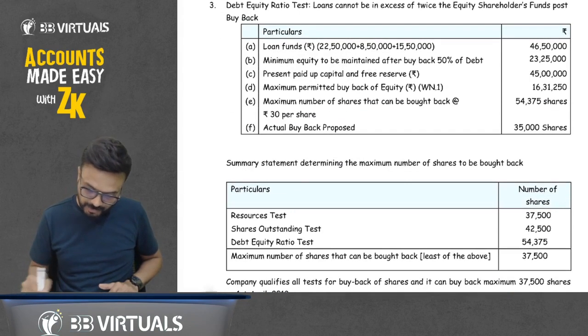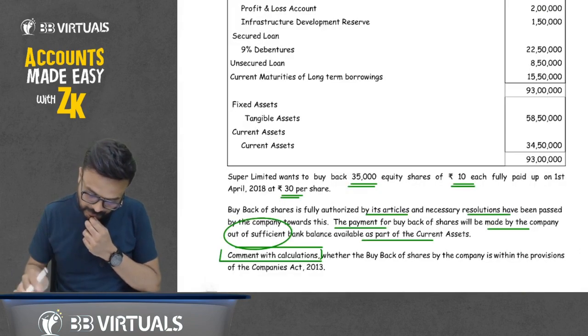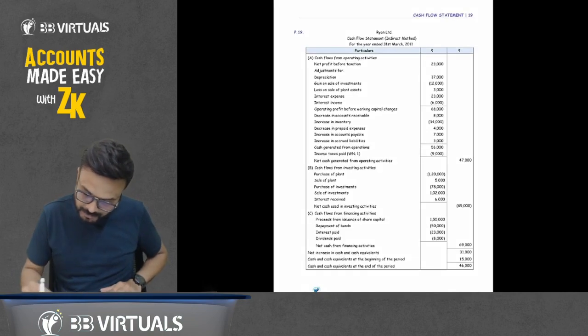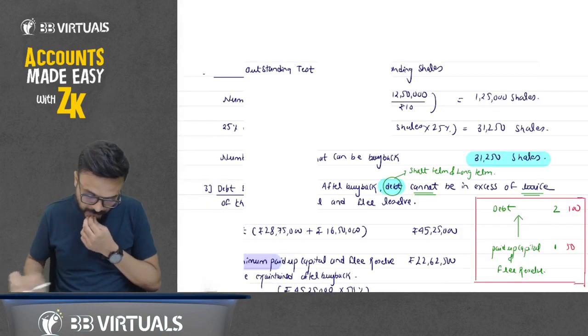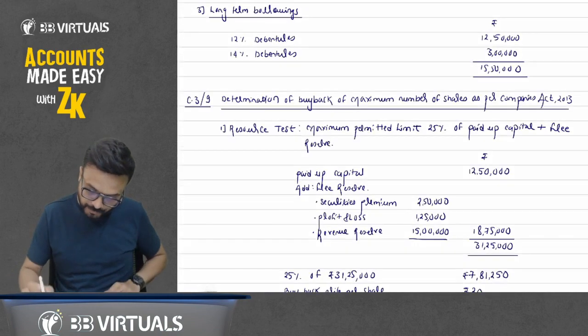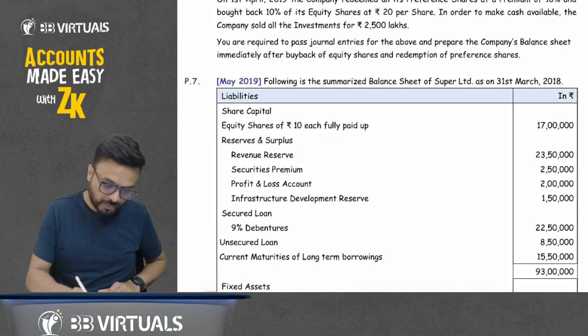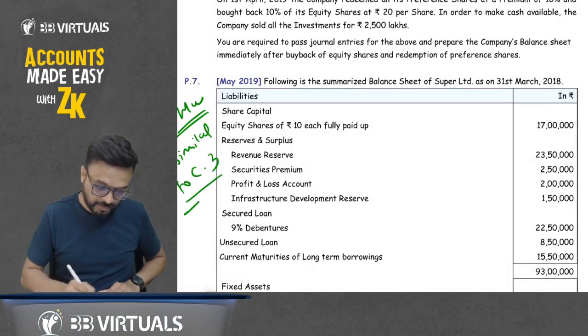You can do it similar to the question we have solved today in class, which is question number 3. In fact, this is homework for today, question number 7 also, which is similar to question number 3 that we have solved in class today.